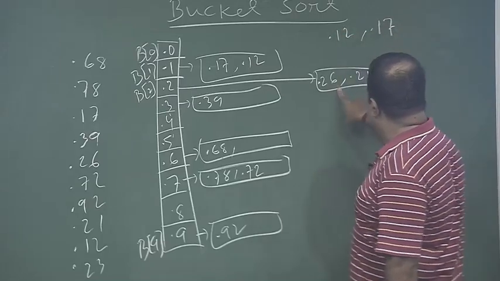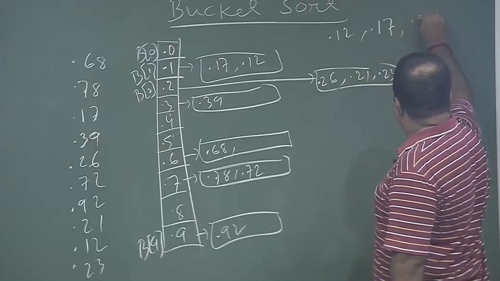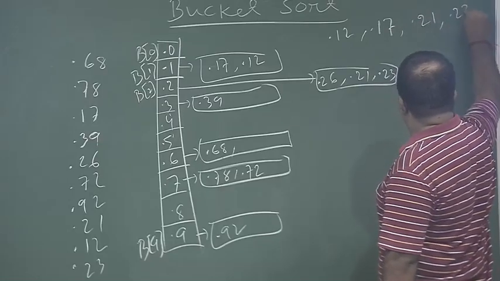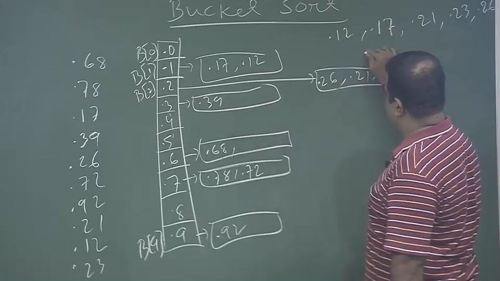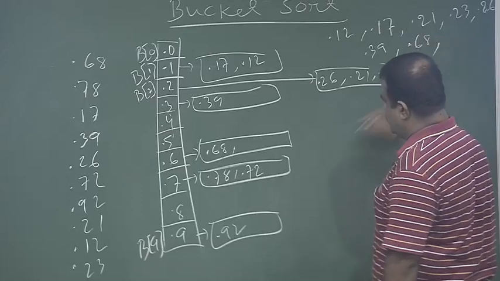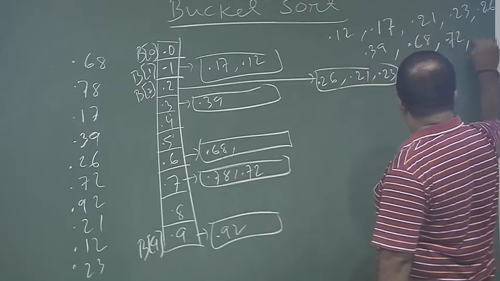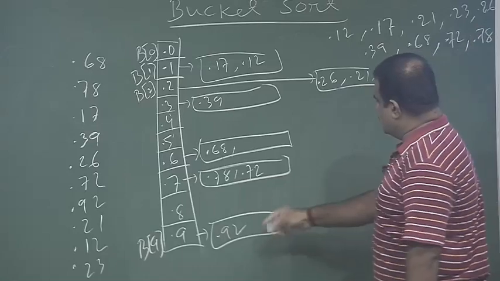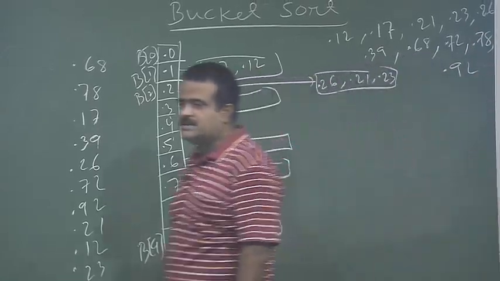Then again we apply insertion sort on this and we get 0.21, 0.23, 0.26. Then there is only one element, 0.39. Then 0.78 like this, then 0.92, sorted. Okay. So, this is a typical bucket sort.